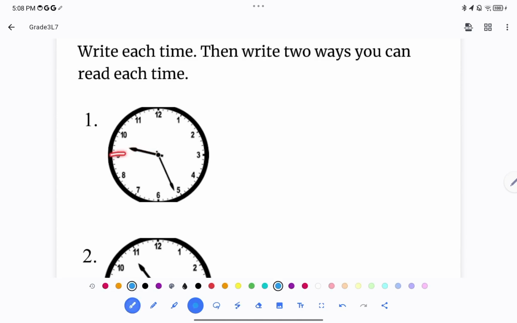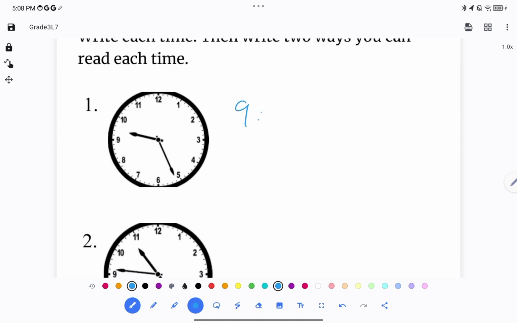So the way to read this is that this hour hand right here is just past 9, so we say that's 9, and that's the hour, and then we put a little colon, and then we get the minute, which is right here.